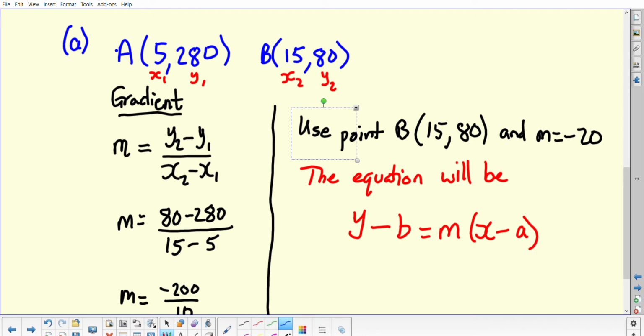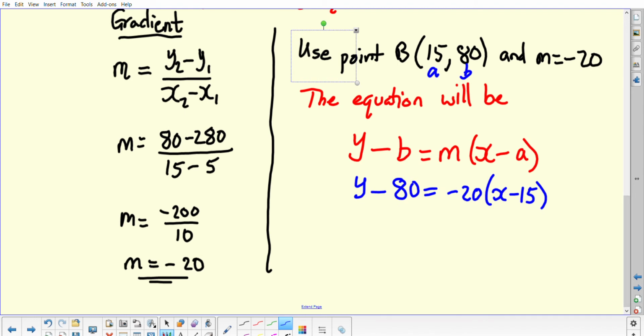I'm going to label my point as little a and little b. So subbing in here, that means that I'm going to be writing down y take away 80, which is my b value, and my m is negative 20, times x minus 15.